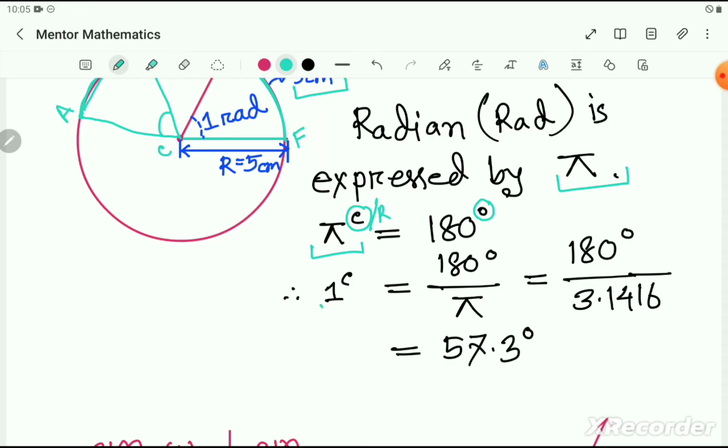That means 1 radian equals 180 degrees divided by pi. We are converting a radian to degrees, and the value of pi is 3.1416. If we calculate it, then 1 radian equals 57.3 degrees.